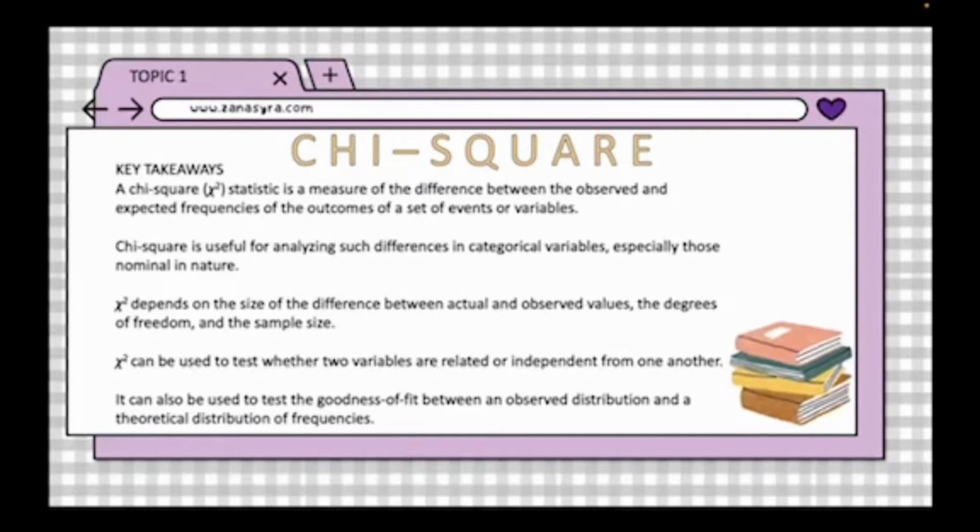Chi-square depends on the size of difference between actual and observed variables, the degrees of freedom, and the sample size. Chi-square can be used to test whether two variables are related or independent from one another. It can also be used to test the goodness of fit between an observed distribution and a theoretical distribution of frequencies.